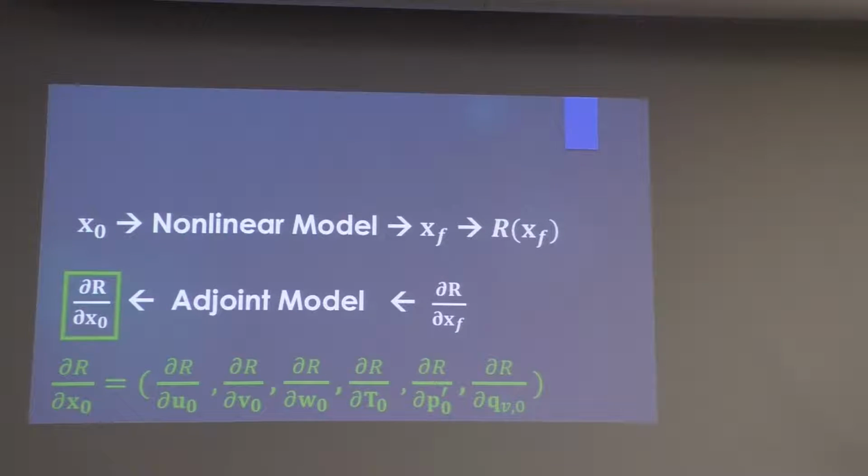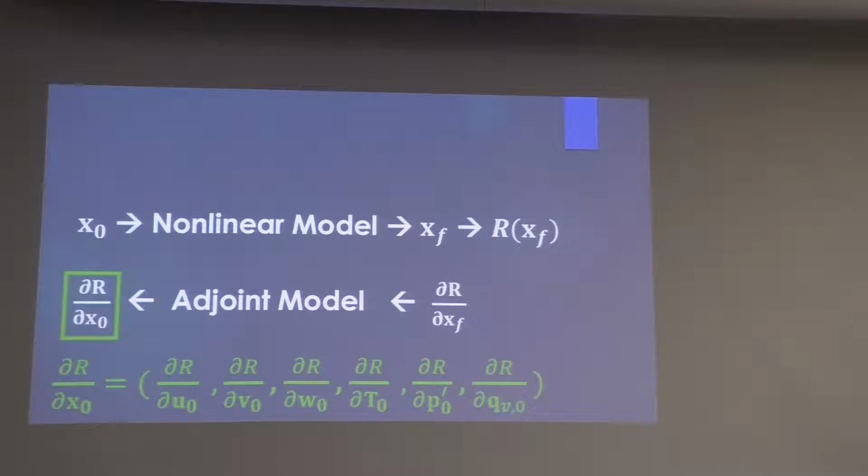You're essentially just taking the gradient of it with respect to any of these variables. I'm not sure I get your question. I guess I don't understand what dr/dxf represents.